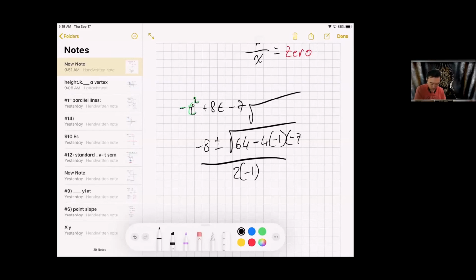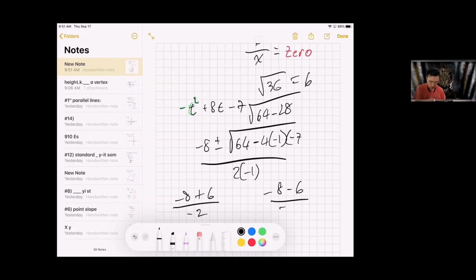Right? So that gives me 64 minus 28. And what's 64 minus 28? 36. And what's the square root of 36? Six. So that's negative 8 plus 6, negative 8 minus 6, all over negative 2.